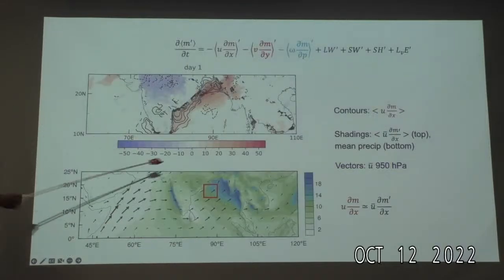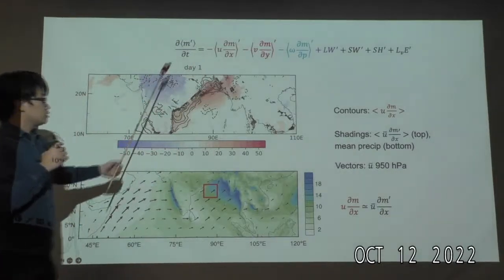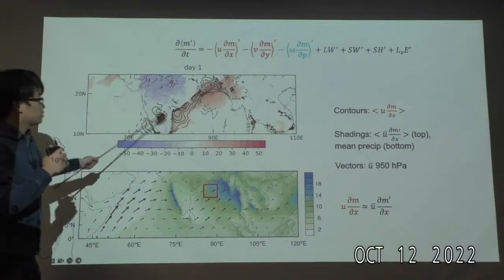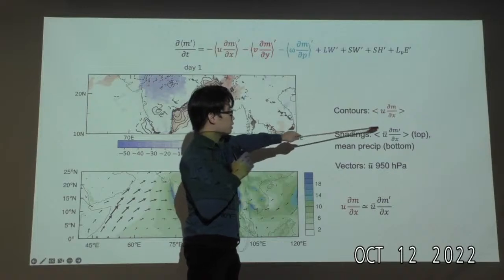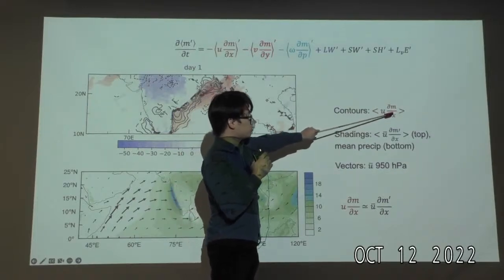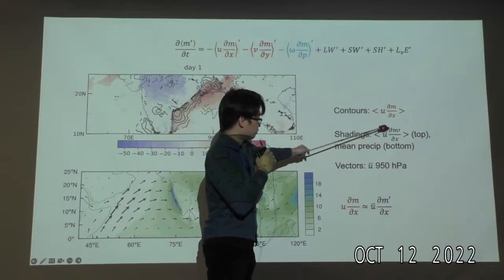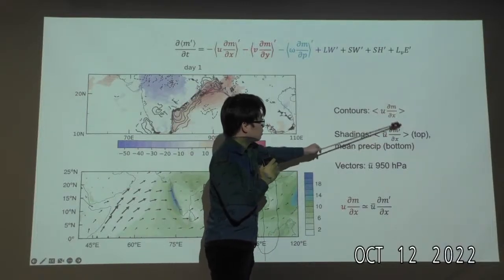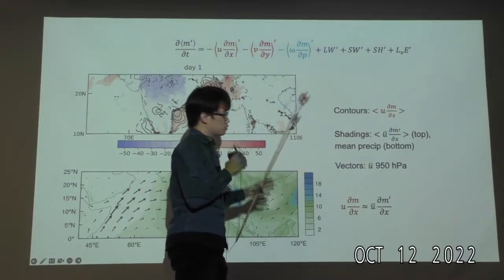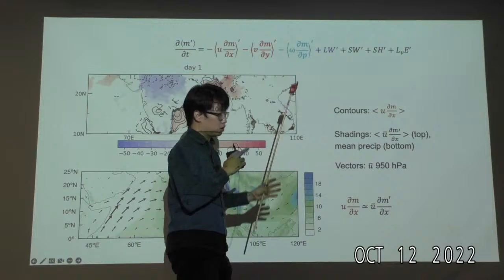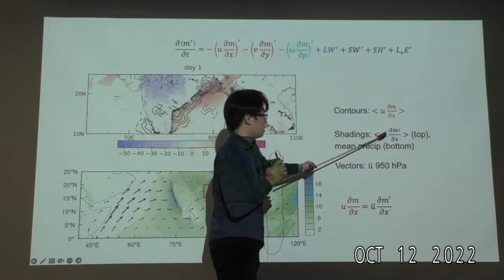So if we do the same step for the zonal advection, like I just said, if we separate this U term into U bar plus U prime and M into M bar plus M prime, we can find that this is a little bit different, because we found that the advection by the zonal wind, the zonal jet, which is the climatological mean state, of anomalous MSE is taking the lead.